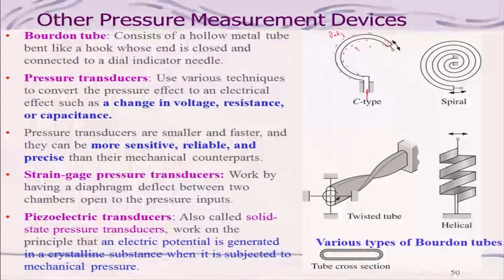And there is another kind which is being used very much nowadays, the solid state pressure transducer, which works on the principle that whenever you apply pressure, there will be a change in a crystalline substance, and it will give you electrical energy from the mechanical pressure.